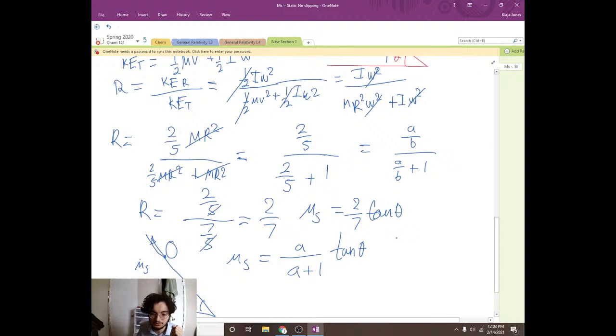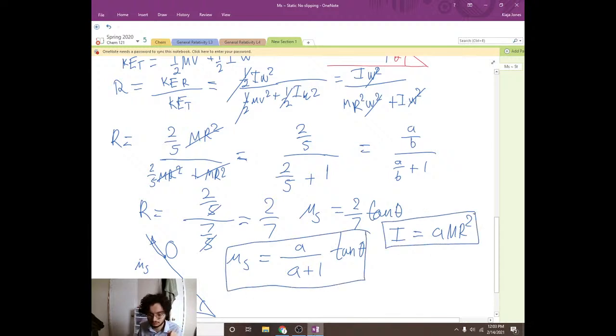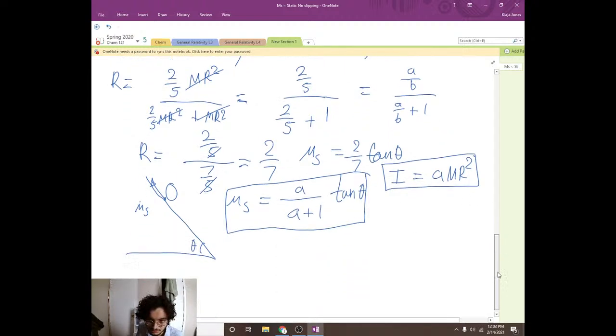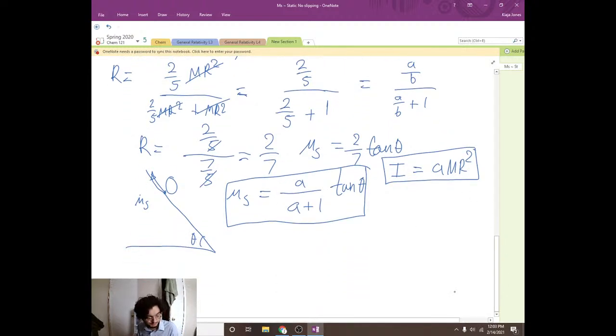And where does A come from? It comes from the moment of inertia defined as A m r squared. So this is the general formula for the coefficient of static friction of any rotating object.